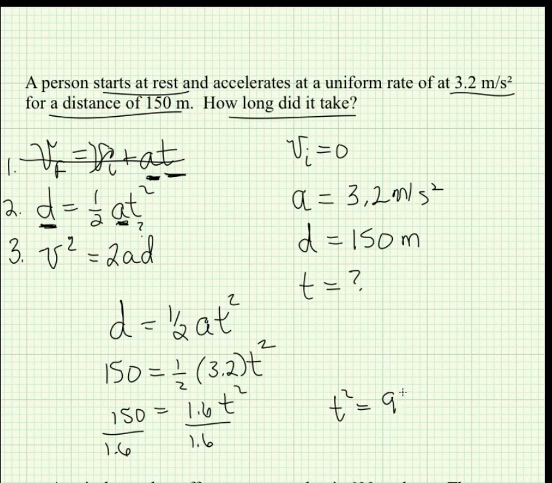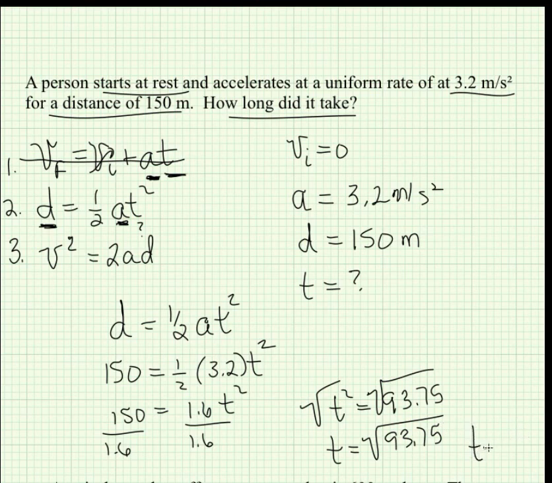So my calculator says 93.75. But I want to get rid of that squared. I want to find out what t is all by itself. And the way you do that is by taking the square root of both sides. So I'm going to take t equals the square root of 93.75. So you'll need to find that button on your calculator. And I get my time is going to be 9.68 seconds.